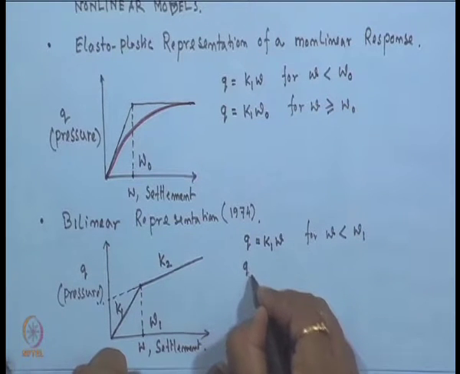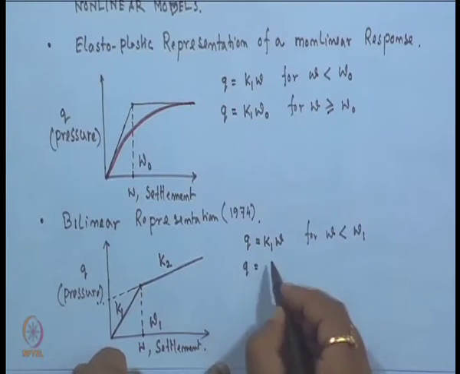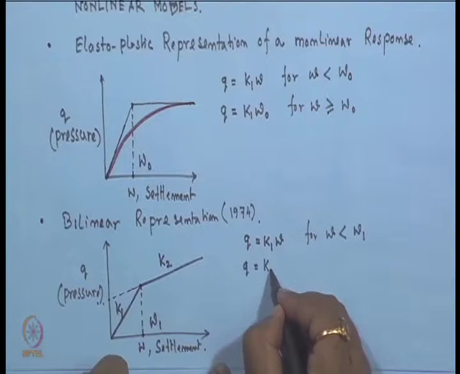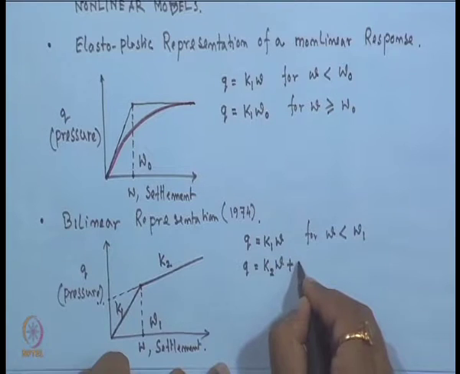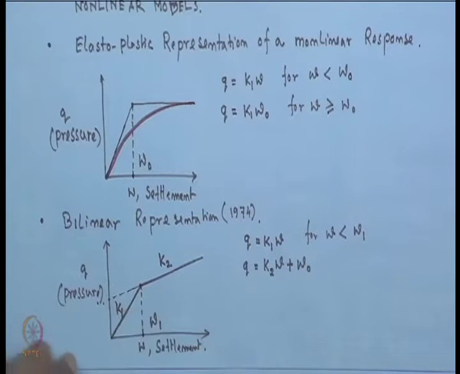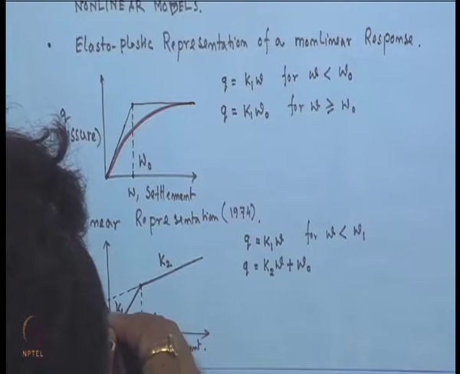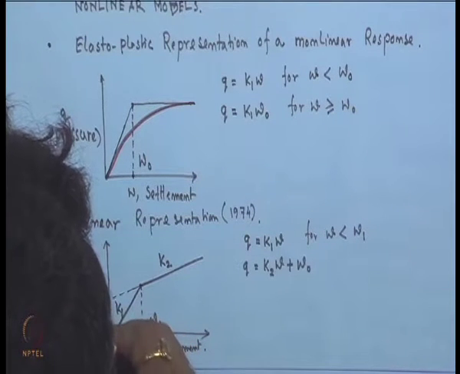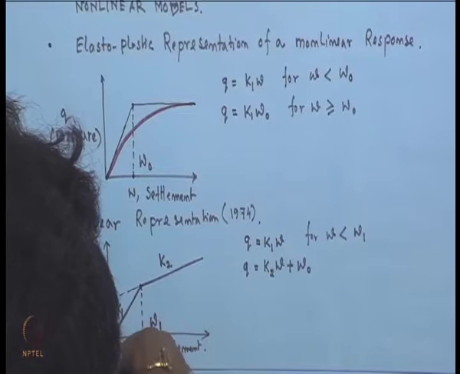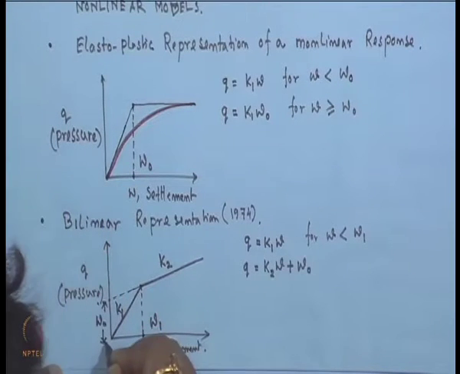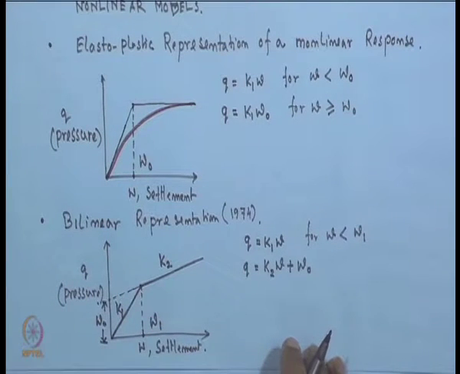And next one, Q will be K 2 into W plus W 0, where this value is, say, W 0.